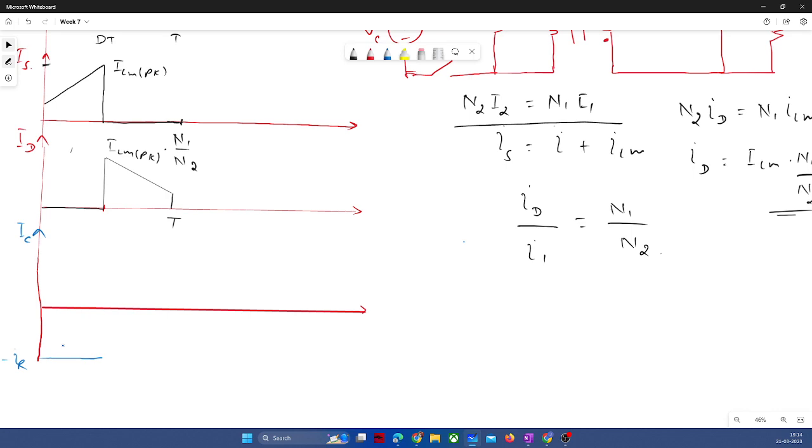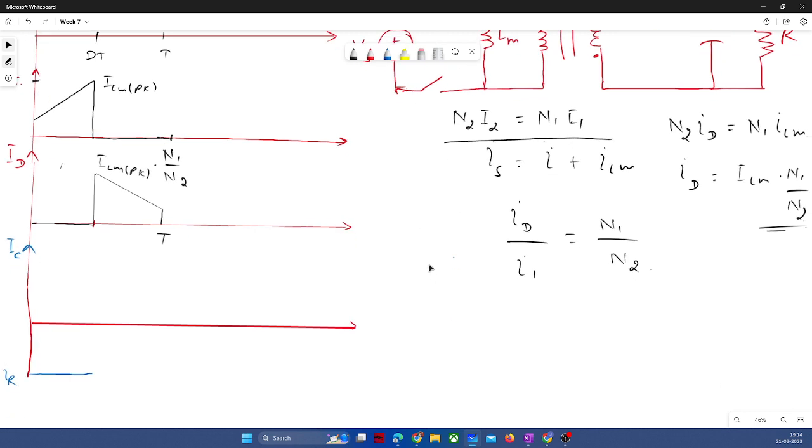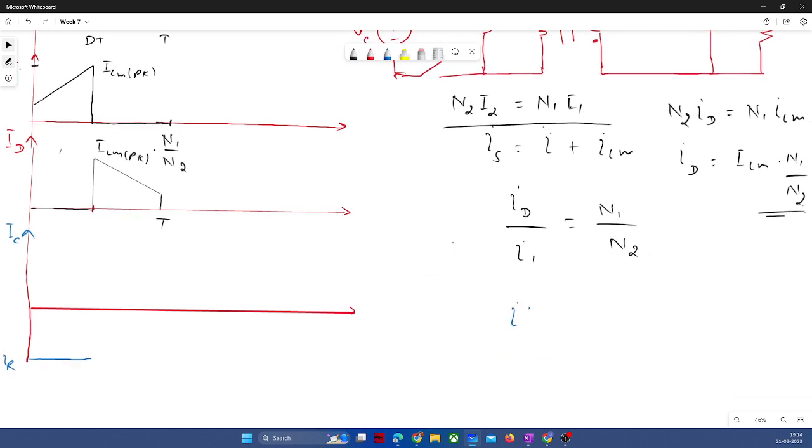And when our switch is off, our IC will be equal to ID minus IR, and ID at that time is ILM times N1 by N2.